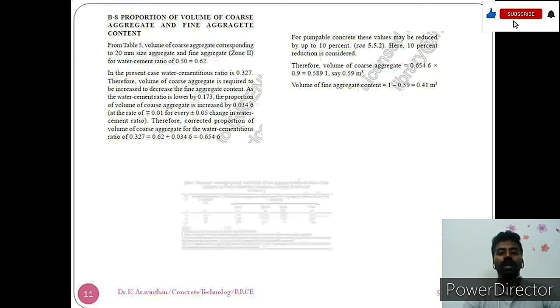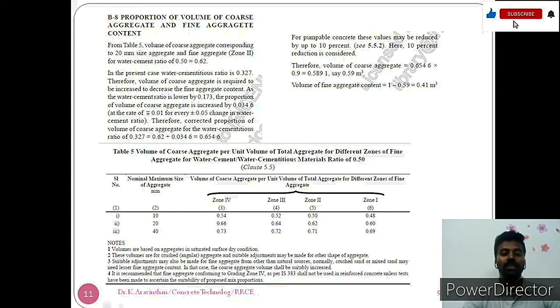Right now, for identifying that, let us refer to Table 5 of IS 10262. If we are using 20 mm maximum size of aggregate under Zone 2 of fine aggregate, we shall use 0.62 as the volume of coarse aggregate in the total volume of fine and coarse aggregate.